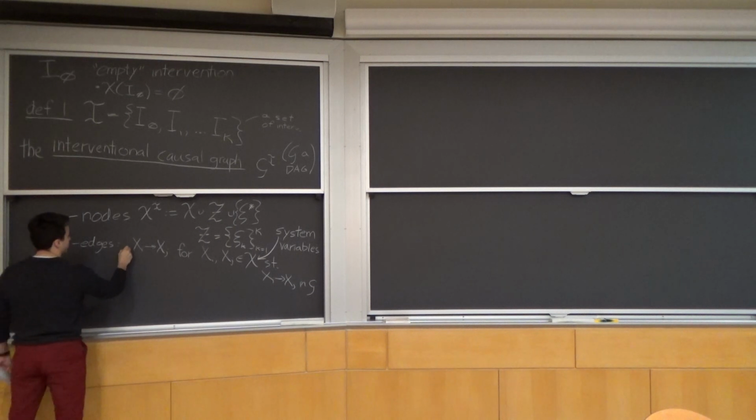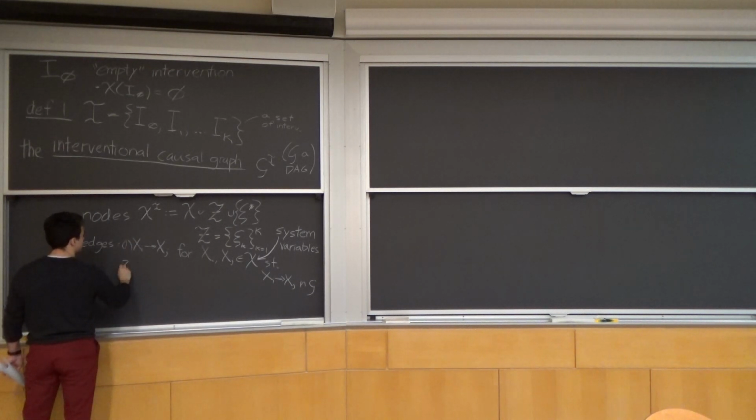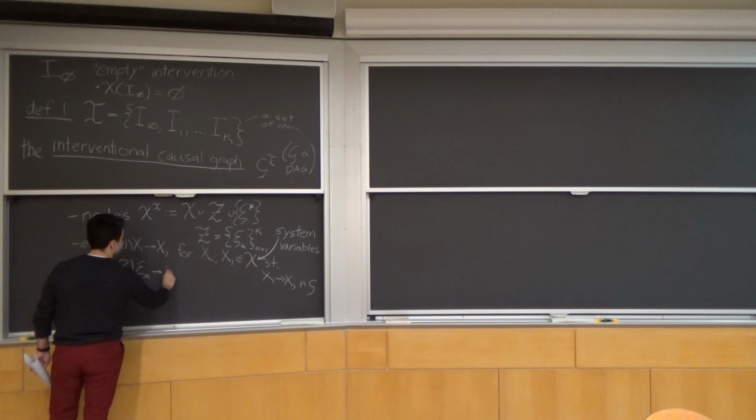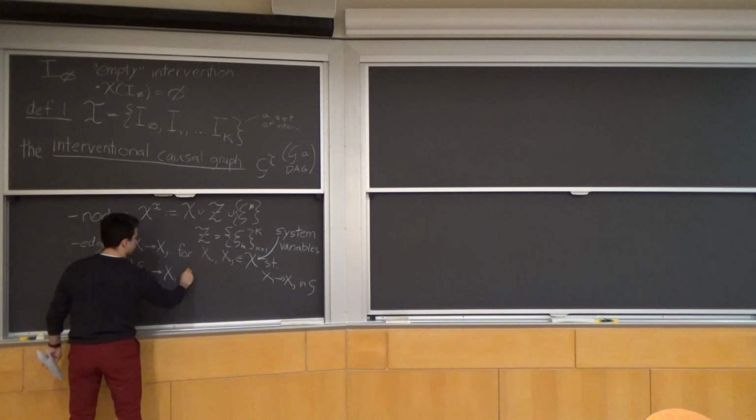And so that's the first type of edge. It will have an edge from each of the intervention nodes to its targets.